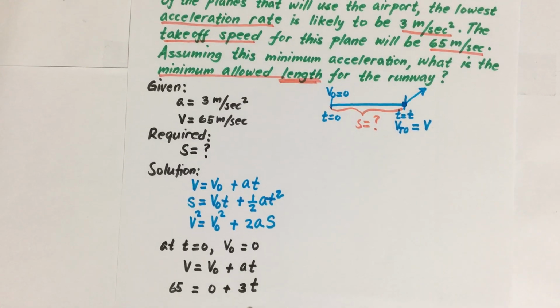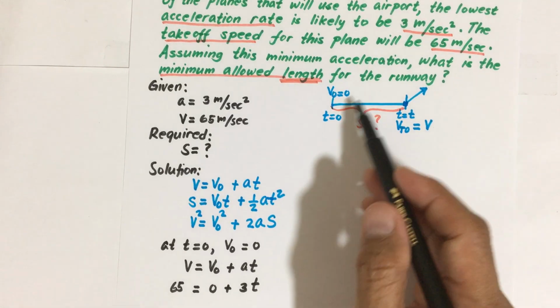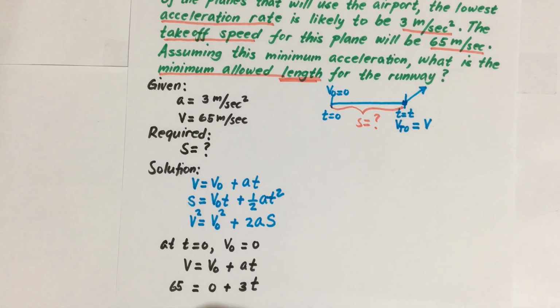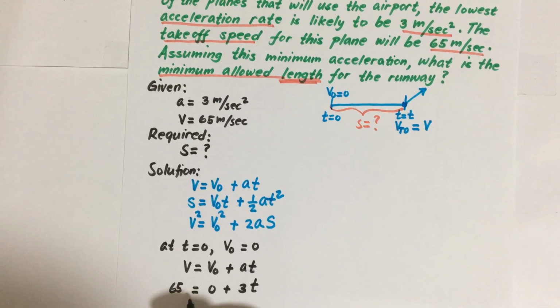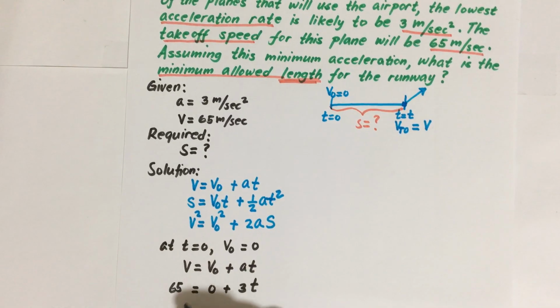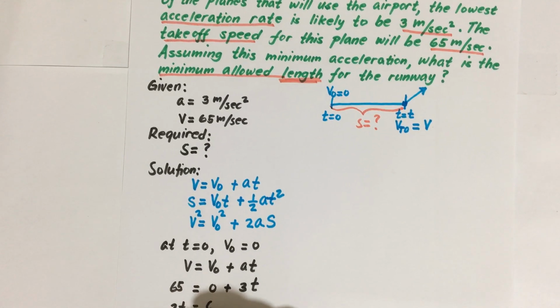Alright, so this is the resulting equation now after our analysis. Then from here, we can solve for t. So we have 3t equal to 65.